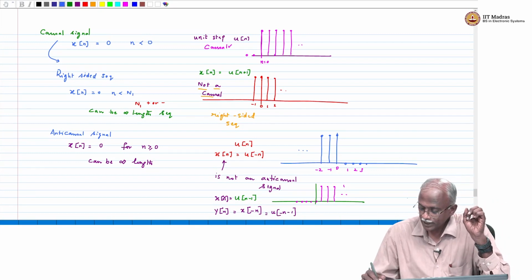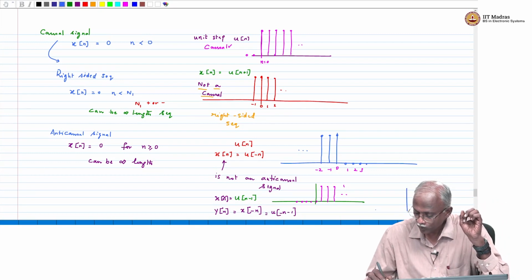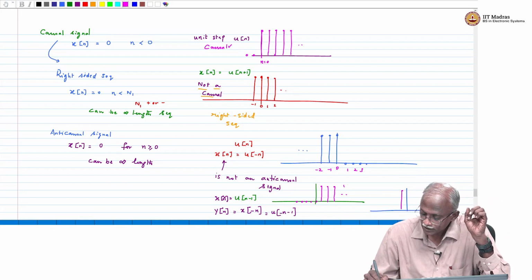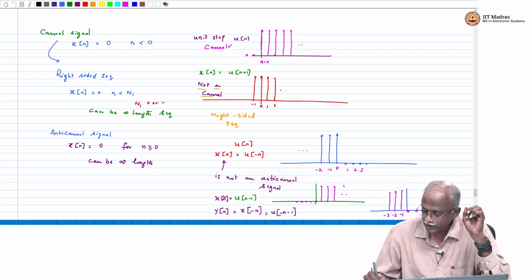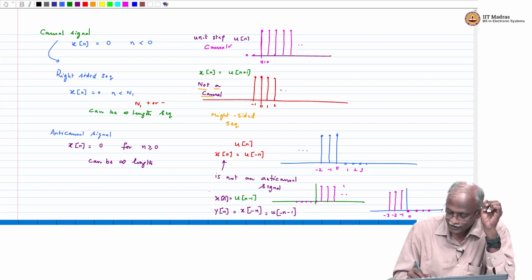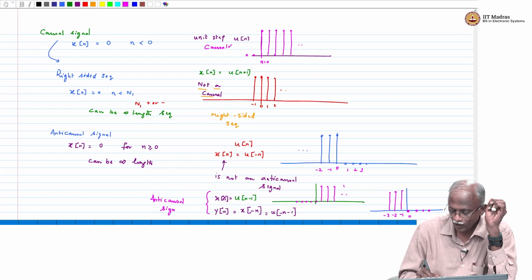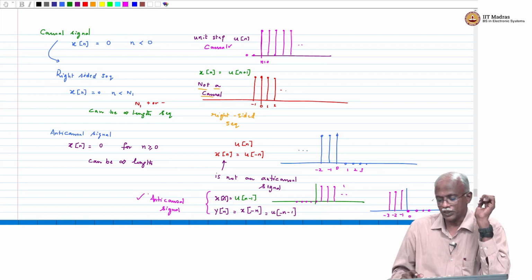It's basically a mirror image of u of n minus 1, and it will look like this. Starting from minus 1, it will be minus 1, minus 2, minus 3. This is 0, 0, 0, 0, all these values. Now, this will satisfy the property of an anti-causal signal.